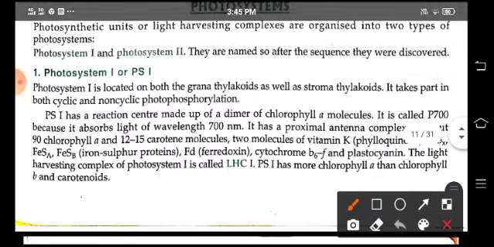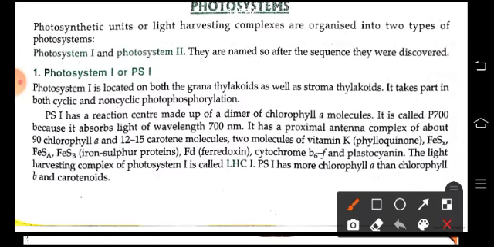Now this photosystem 1 is made up of a dimer of chlorophyll A molecules, which are known as P700 because it absorbs light of wavelength 700 nm. It has proximal antenna complex, which is about 90 chlorophyll A and 12 to 15 carotene molecules, 2 molecules of vitamin K, FeSX, FeSA, FeSB iron sulfur proteins, and ferredoxin, cytochrome, and plastocyanin.